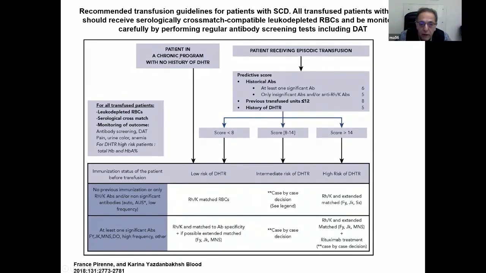You can see that patients in a chronic transfusion program with no history of delayed reactions, if they are at low risk for delayed hemolytic reactions, you match for RH and K. If they have at least one antibody, they need to be matched. Further, here at the American University, we matched for all 4 major antigens.